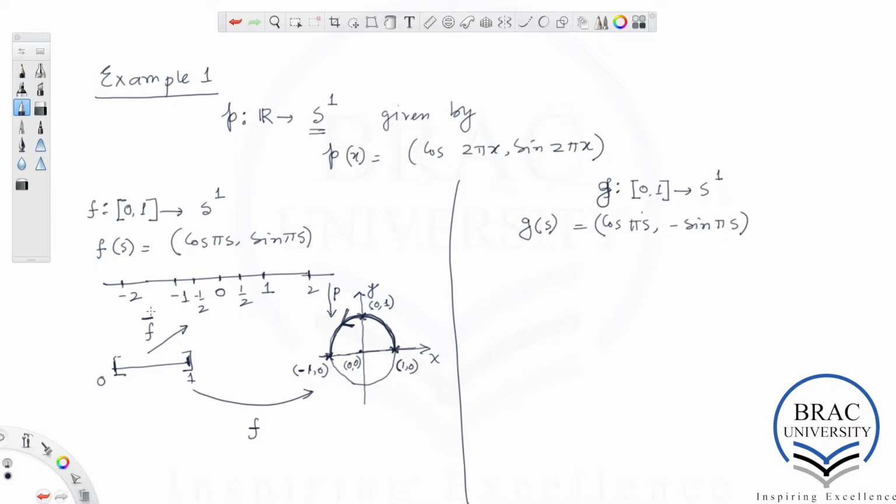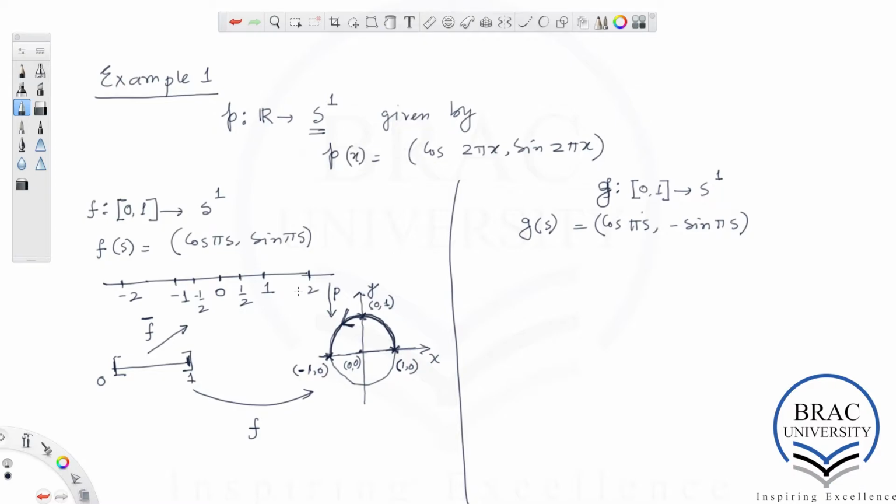This is going to be the lift of the map F on the real line R, which is of course a path on the real line.